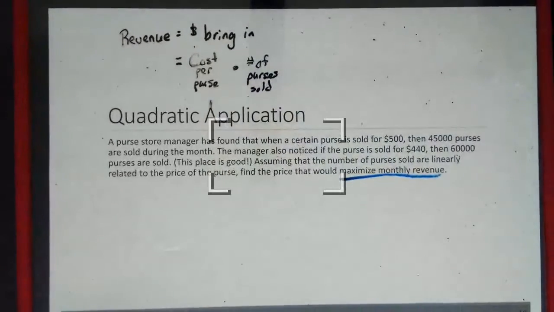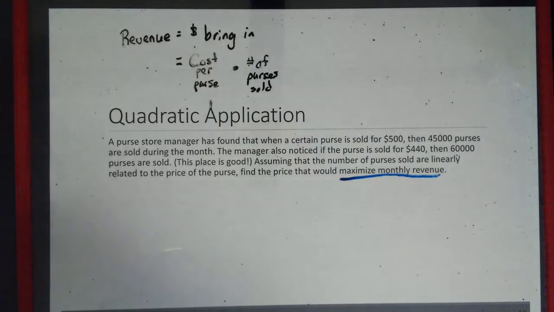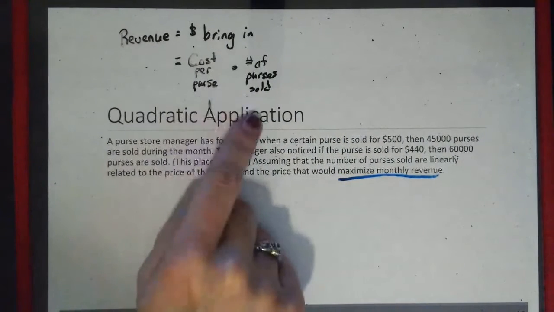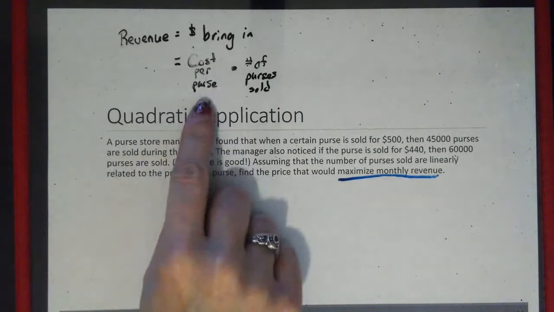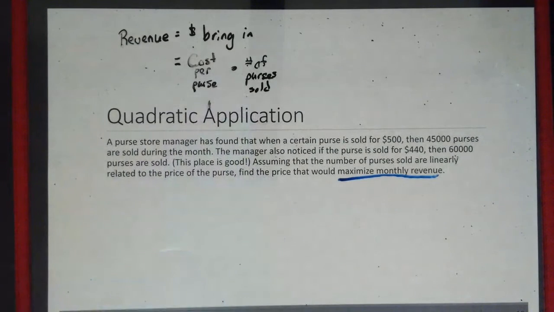So kind of like if you go to the store and a box of candy is $1 and you buy 6 of them, it costs $6. That's the cost per box times the number of boxes. Same idea here. We're just dealing with purses. So we want to find an equation for revenue. We need to find the cost per purse times the number of purses sold.